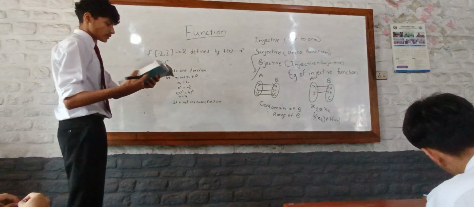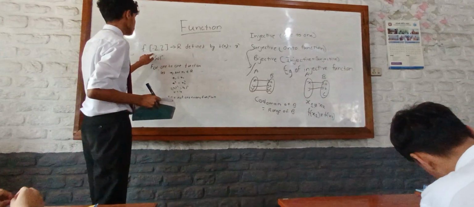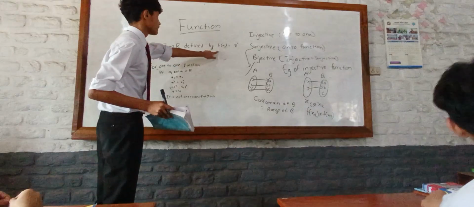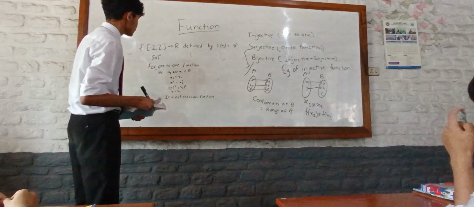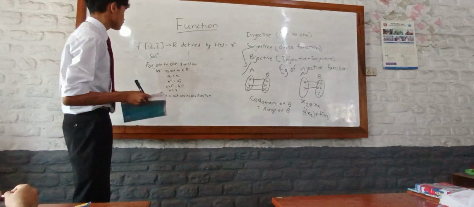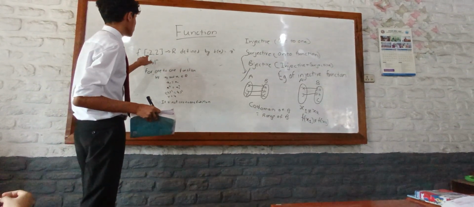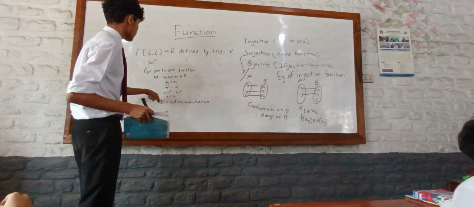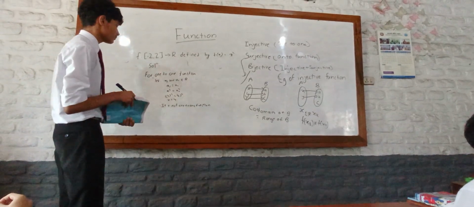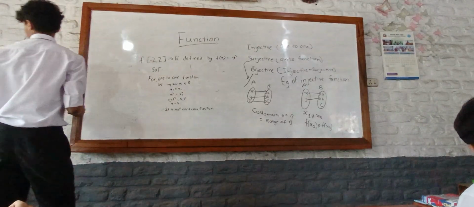When we put the value of this range in the given f(x), we get 4 equals 4, and for a function to be one-to-one, the images should be different, but according to this question, the images of two different elements are the same, therefore it is not a one-to-one function.